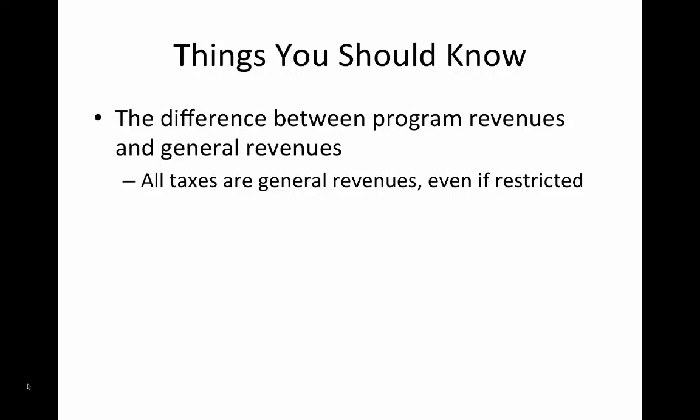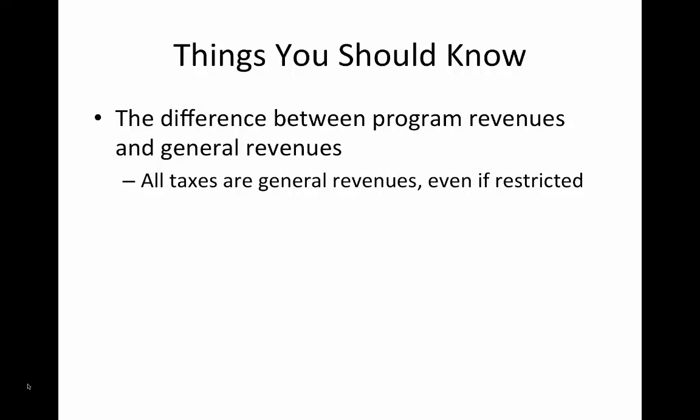General revenues being everything else, most notably being taxes. It's important to note that all taxes are general revenues, even if they're restricted to a particular purpose, because program revenues may or may not be restricted to a particular purpose, but they're generated by the provision of the service itself, whereas taxes are not.